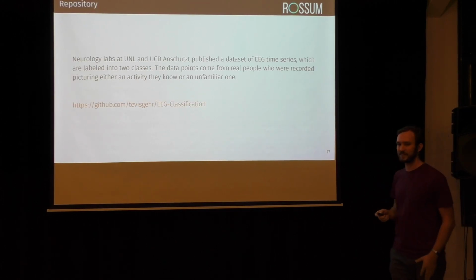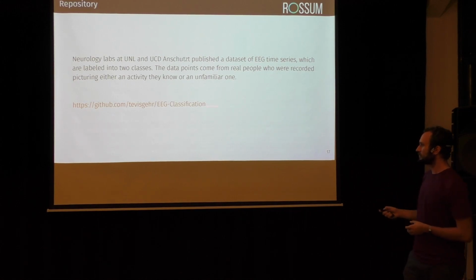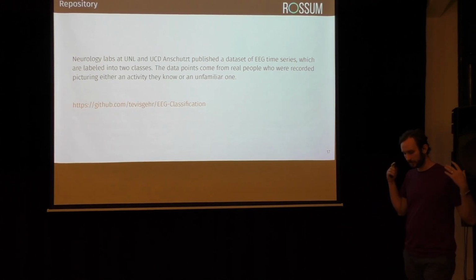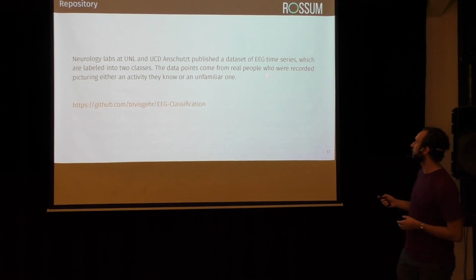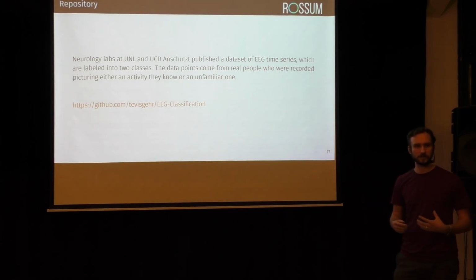So I searched for nice data sets and nice models, and I was able to find a data set of EEGs. You can find it here, where a bunch of people were told to imagine that they're doing an activity that they're familiar with, or a completely new one, something they've never done before.